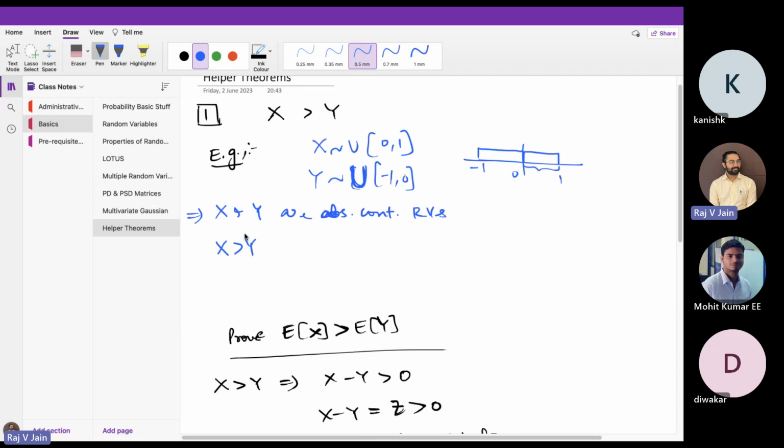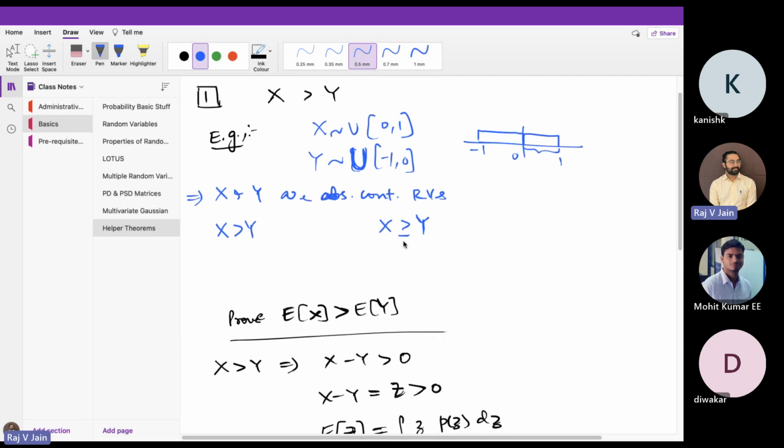And this event and the x greater than or equal to y event, these are two events. So how are these events related when these two are absolutely continuous random variables? Can you make some sense of how these two events should be related?